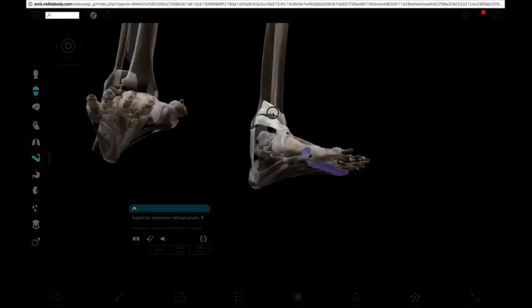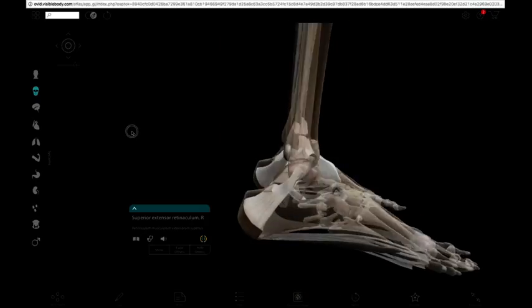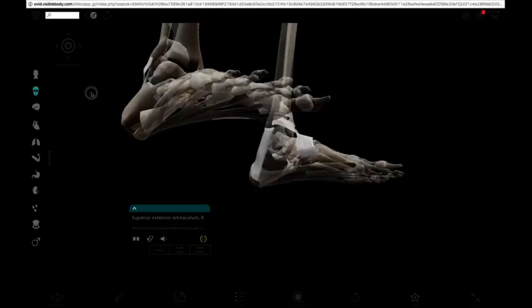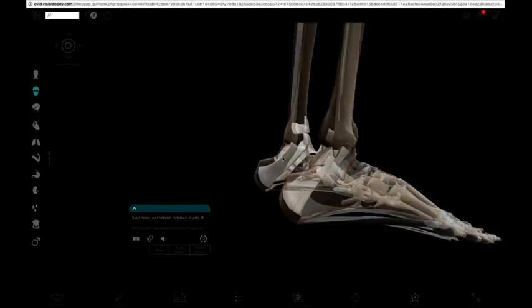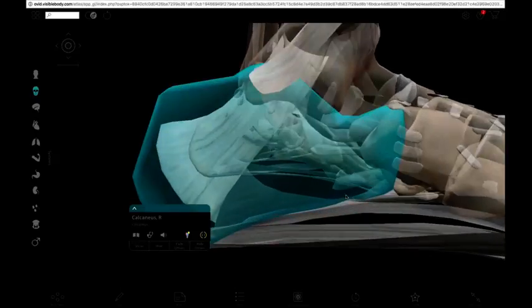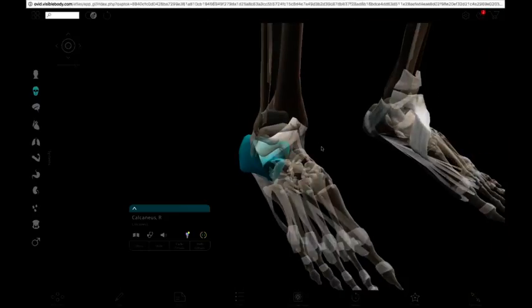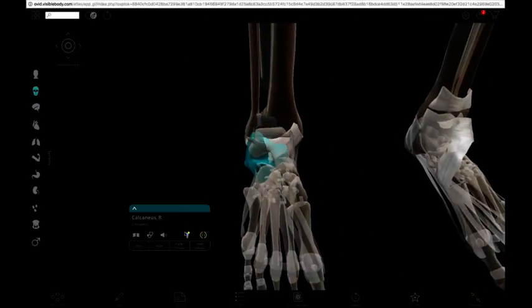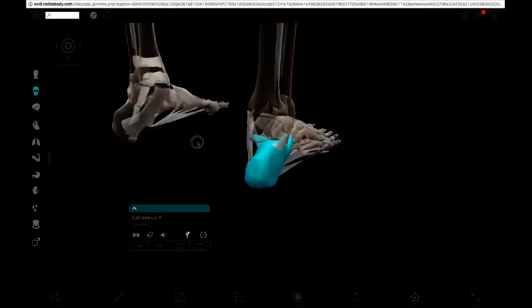All right, so when we look at the foot, we're going to see that we actually have metatarsals. And we have the calcaneus. You see it there. I'm going to make this a little bit smaller for you. Okay, there's the calcaneus, the heel bone.